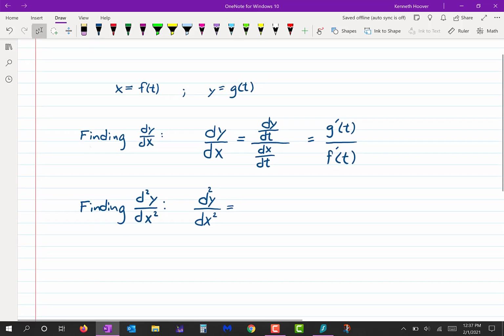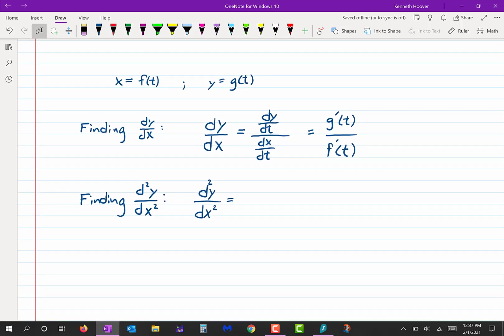Sorry that the screen keeps moving. I can't seem to stop that from happening. The second derivative is the derivative of the first derivative, correct?